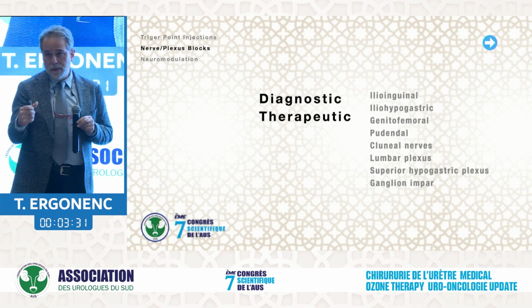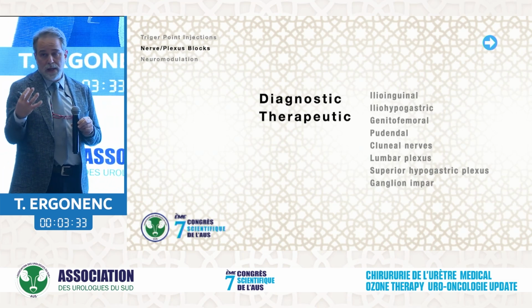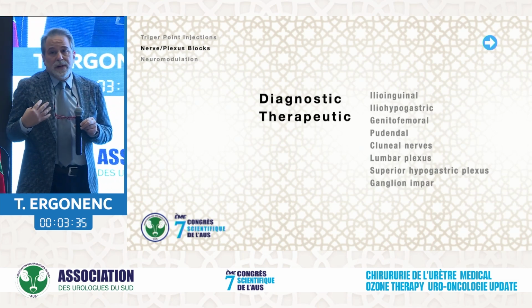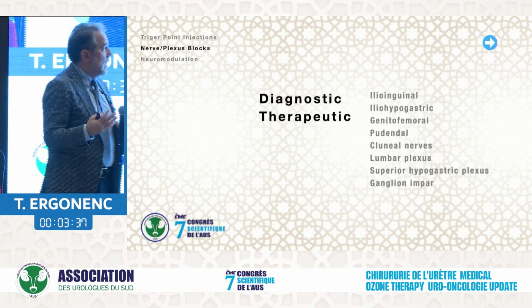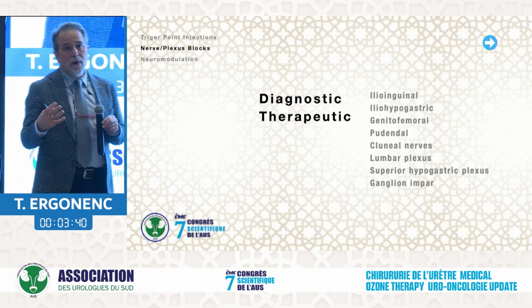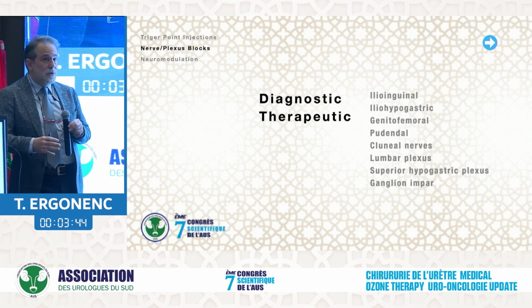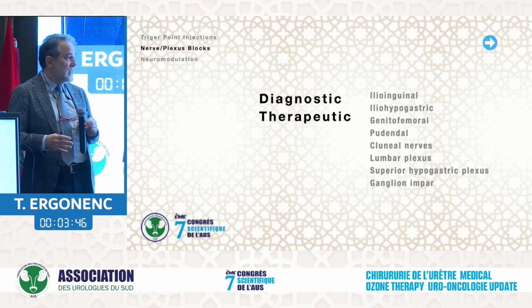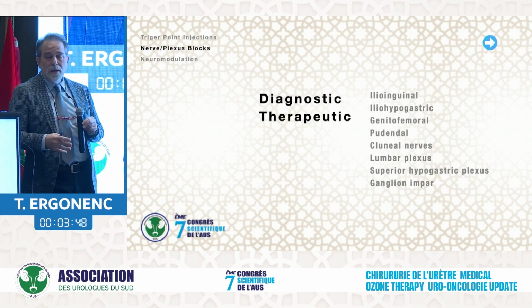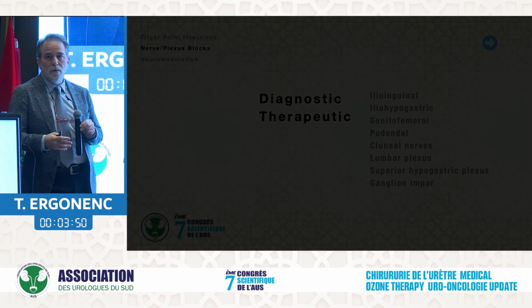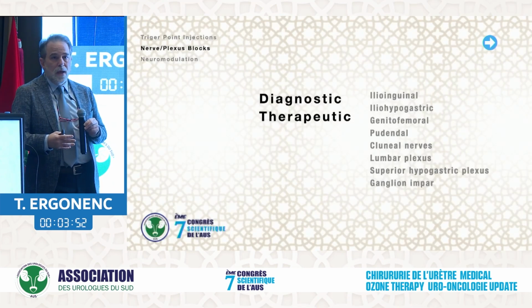It's a very common and very important ganglion for us in treating pelvic pain. And another plexus block is the superior hypogastric plexus block. These two blocks can be performed under C-arm fluoroscopy. You cannot use ultrasound for this block.